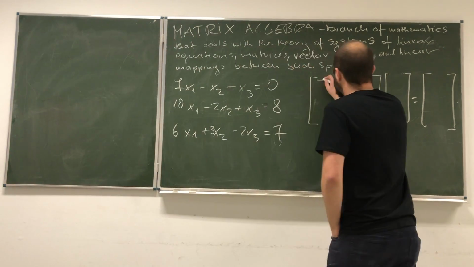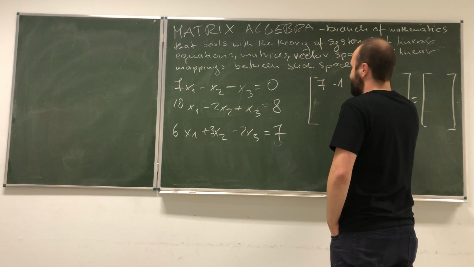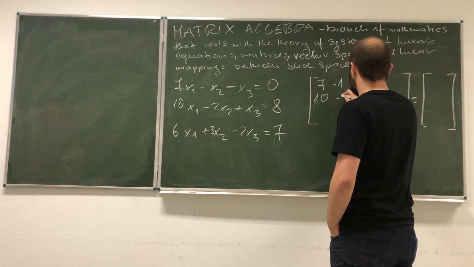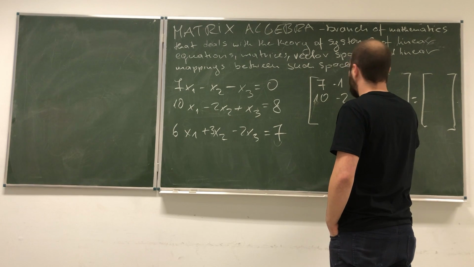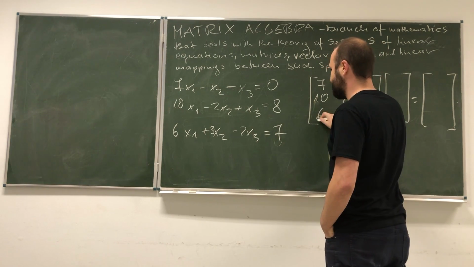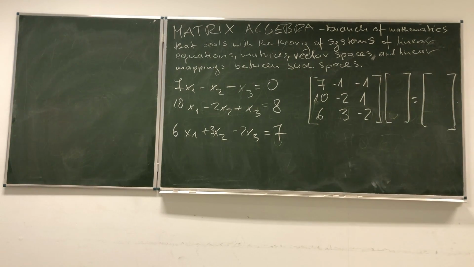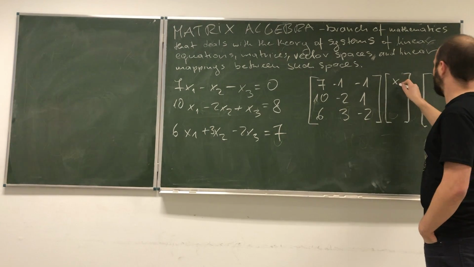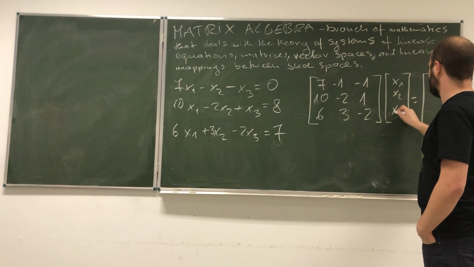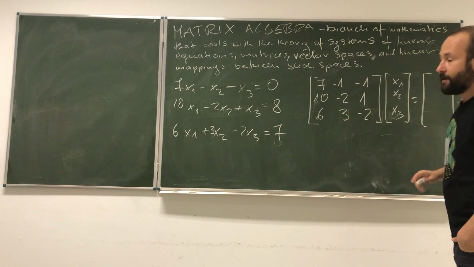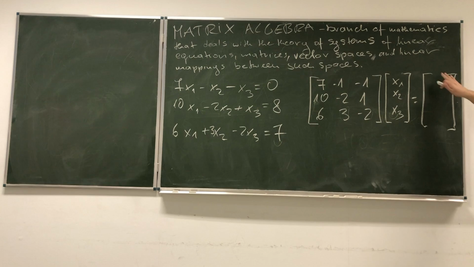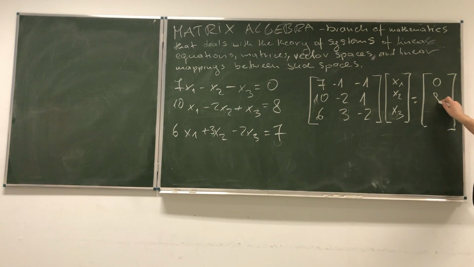So we've got 7, -1, 10, -2, 1. Then we've got 6, 3, -2. Then we need to organize our variables over here, x1, x2, and x3. And then, of course, we have a vector of constants over here. Of course, I will explain all of this. I just want to show you more or less where we're going.